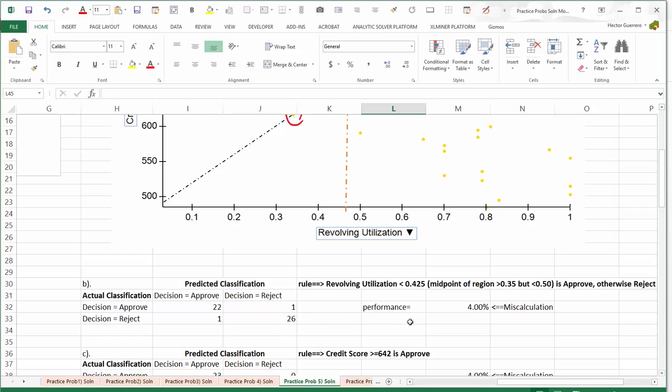The way we do our calculations for performance, we say take the total of the possible outcomes, which are 50. We have 50 records, and divide the number that are problematic. When I approved, I should have rejected. When I rejected, I should have approved. So add these two together and divide by 50, and I get 4%.